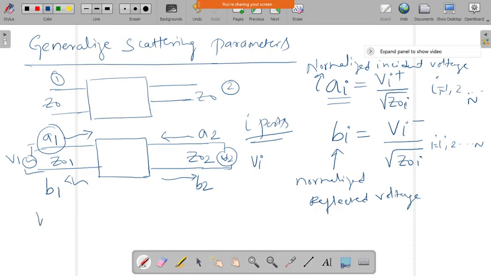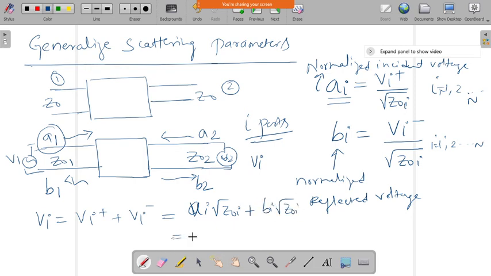Now if I define the complete voltage Vi at any port, it is Vi plus plus Vi minus, the addition of the incident voltage and the reflected voltage. If I write it in terms of the normalized incident and reflected voltages Ai and Bi, it is Ai into root of ZOi plus Bi into root of ZOi.